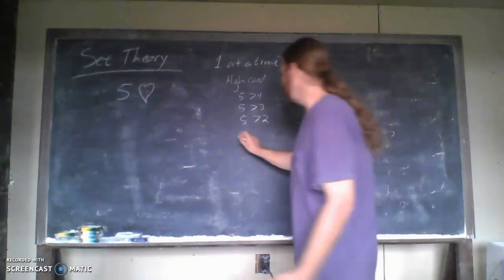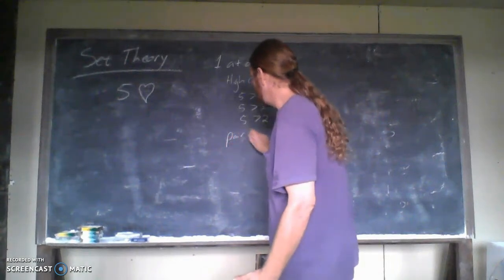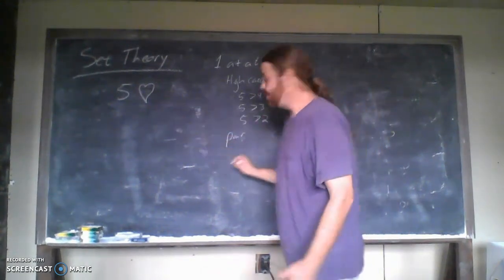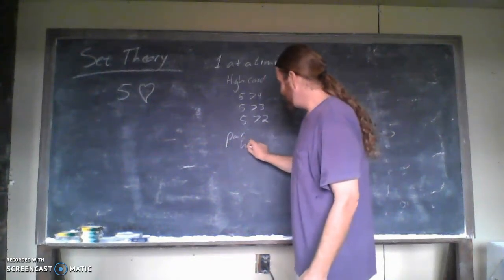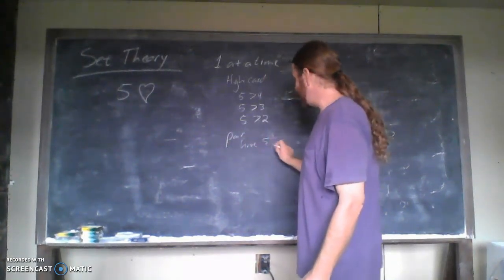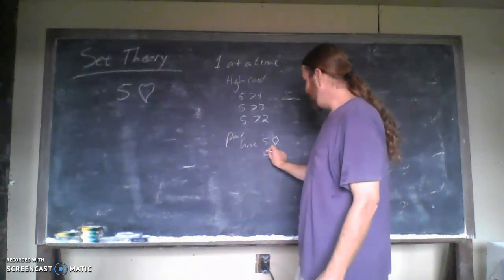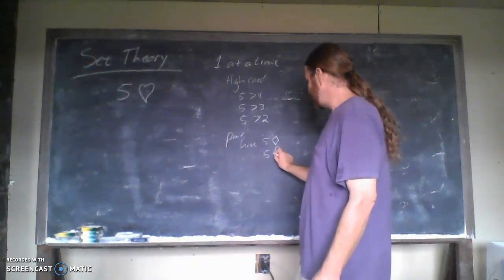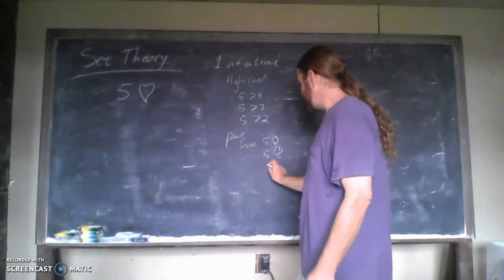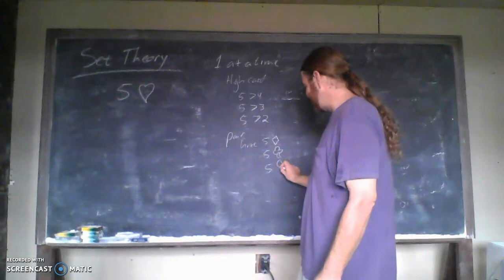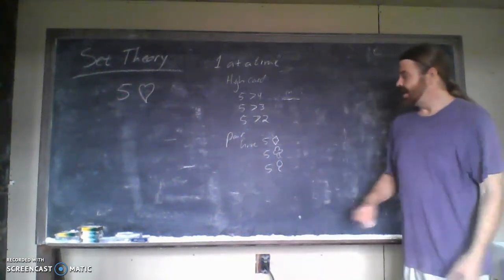Then we need a pair, right? Which means we have to check the other cards. And if we have this card, we also have 5 of diamonds, 5 of clubs, and a 5 of spades. That one's kind of hard to draw. Something like that.